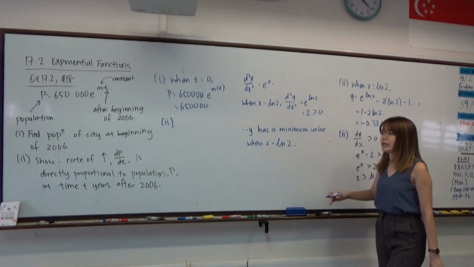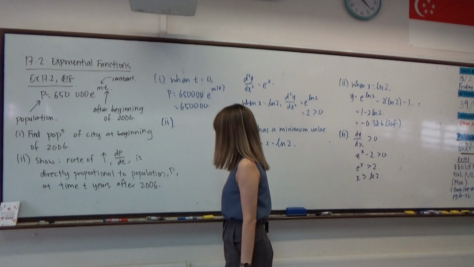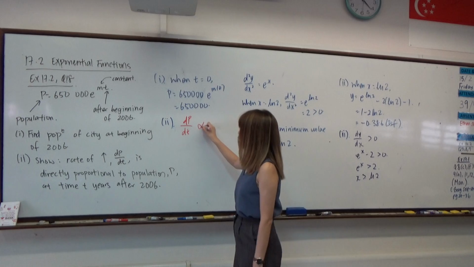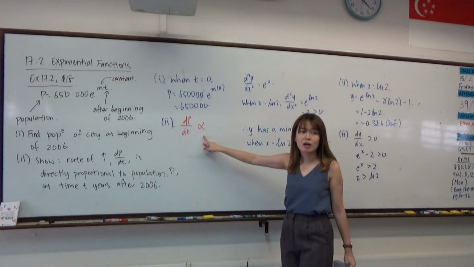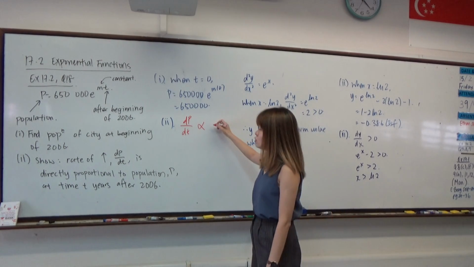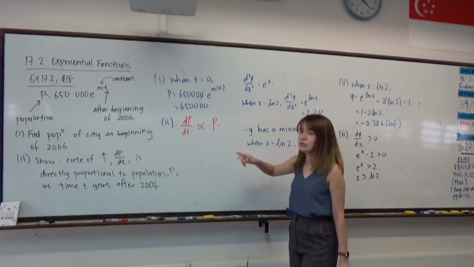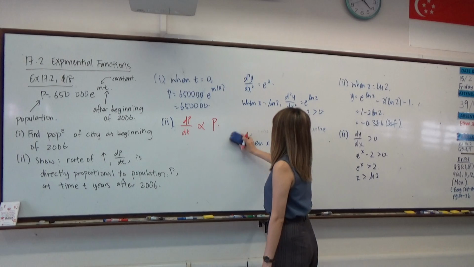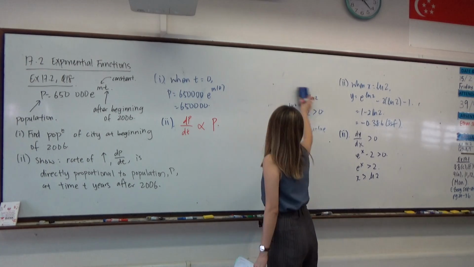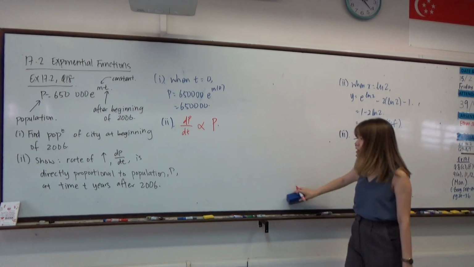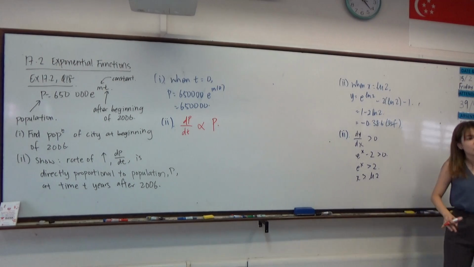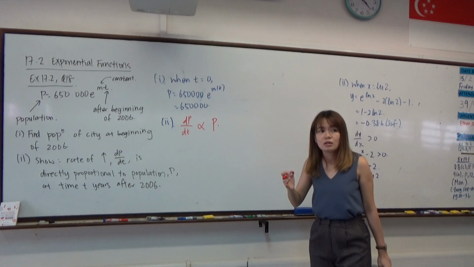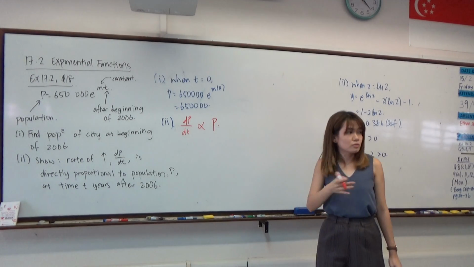So we want to show that dP over dt is directly proportional to the population P. What do we understand about direct proportion? When one increases, the other one also increases. Then what is the equation that we usually show when we say that y is directly proportional to x? Y equals kx, right?